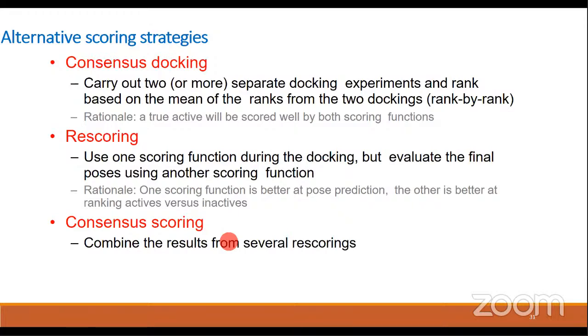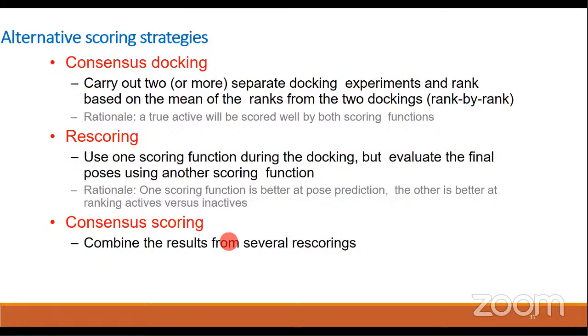The scoring functions we have discussed are not the only ones. We can use some kind of alternative scoring, that's consensus docking. For example, I have done the docking studies with AutoDock. Just try to carry it out 2 or 3 times, then average it. That will be consensus docking.